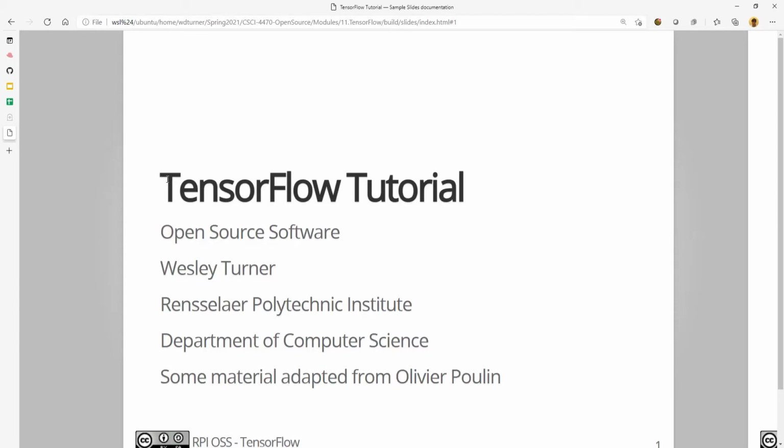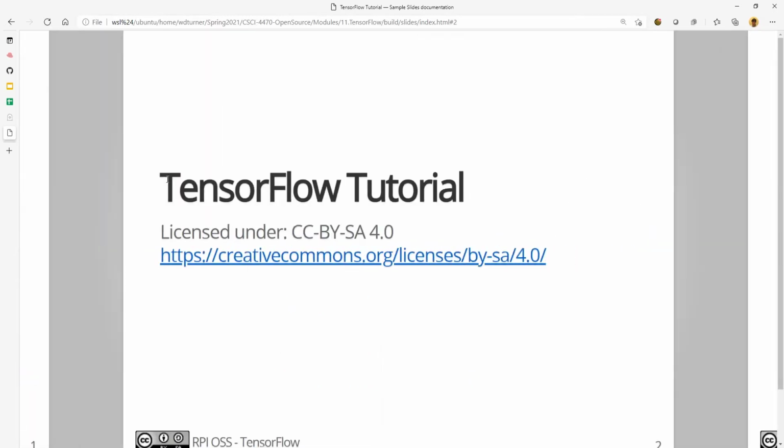So this material was adapted from some material that Olivier Poulin put together back in 2019, I think. It's progressed from there, but I think it's still pretty good. Unfortunately, he did it on TensorFlow 1, so it has had to change to keep up with the times as we've gone along.